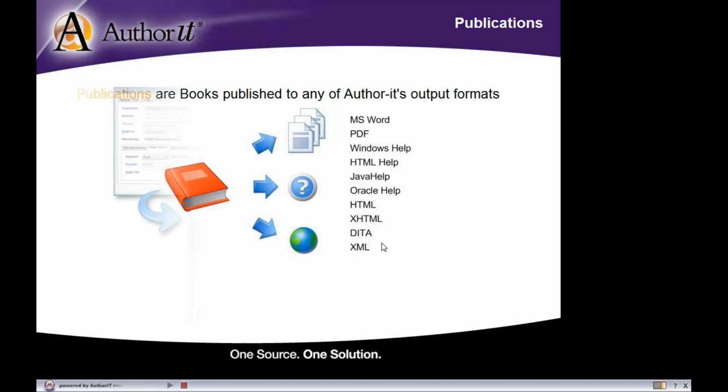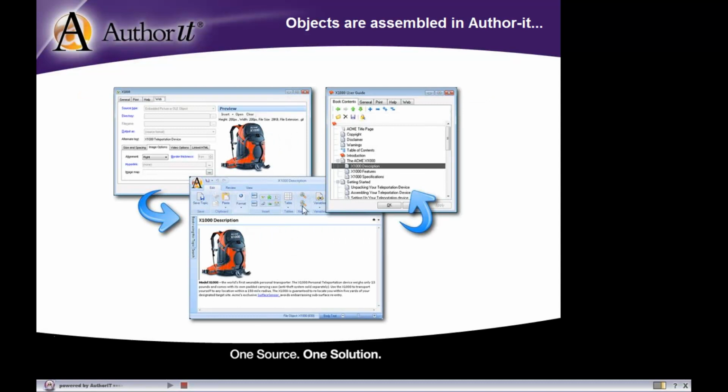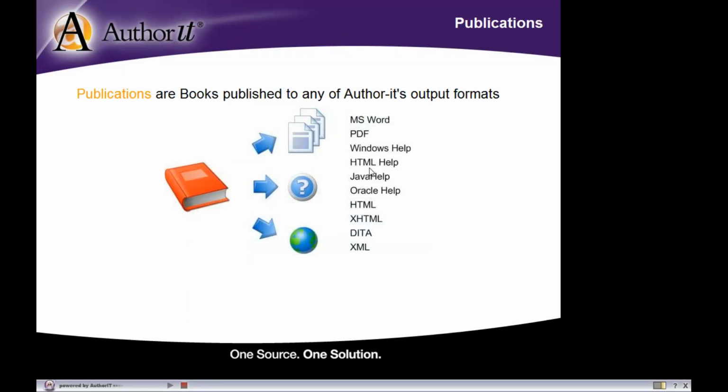But what we have here are these three objects. They've been assembled inside of this book. You can then publish that book to any of the formats that you see here. So the single book can be published to all of these different publishing formats, okay?